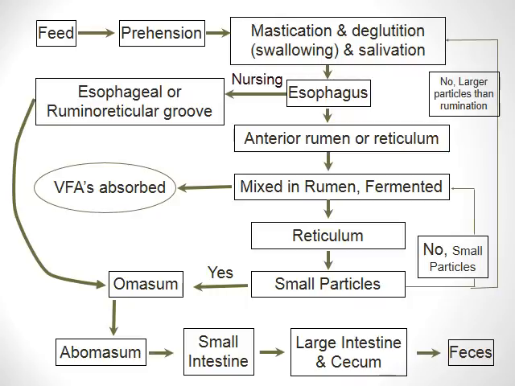So it's only in suckling animals that they have that esophageal or ruminal-reticular groove to pass the milk so it doesn't ferment in the reticulorumen.